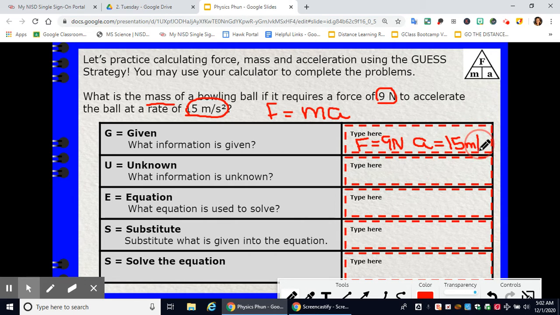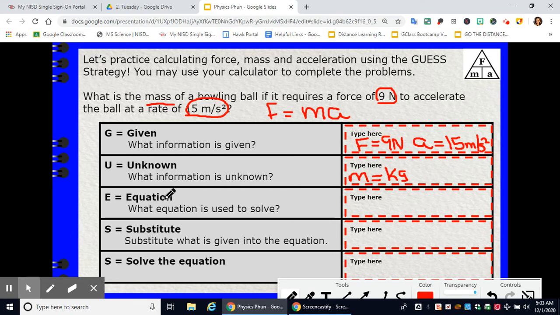Now what's unknown? What do I need to solve for? They're asking us what's the mass of the bowling ball. So my unknown is my mass. And your mass is always going to have the units of kilograms. Okay, and I need to solve for mass.